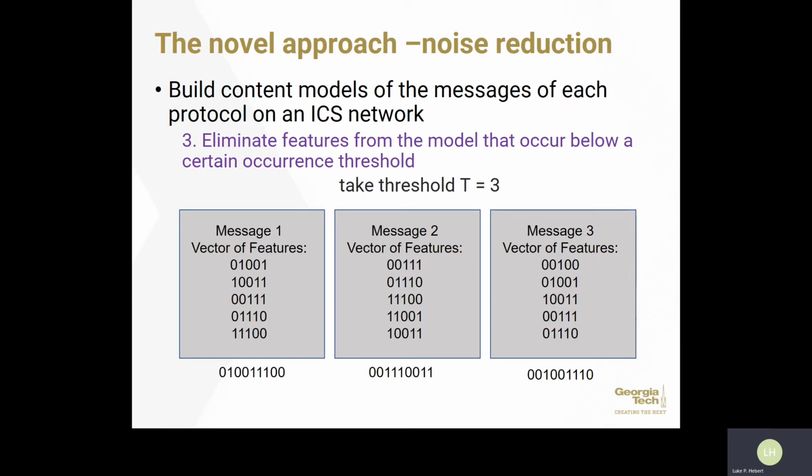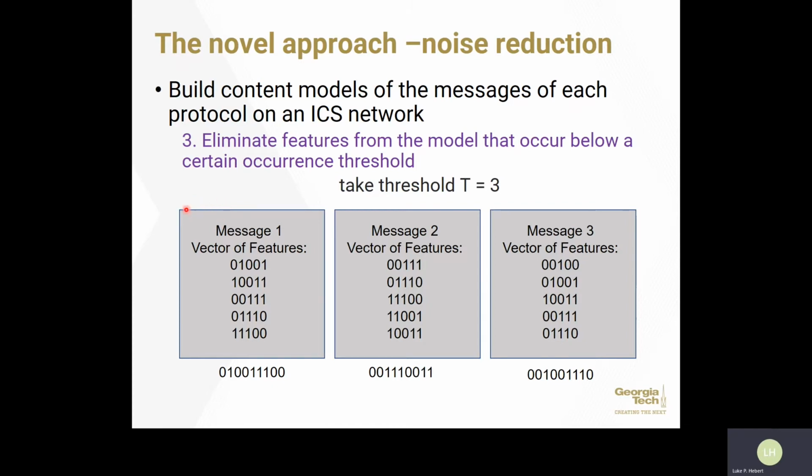After separating the messages into vectors of n-grams, a frequency threshold, T, should be selected so that any feature or n-gram that doesn't occur at least T times in a set of sample messages, see we have 3 here, shouldn't be included. It should be discarded as not important or not characteristic of the protocol's prototype model. So this is a way of filtering noise out.